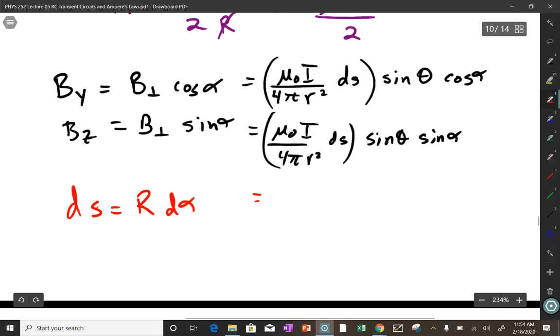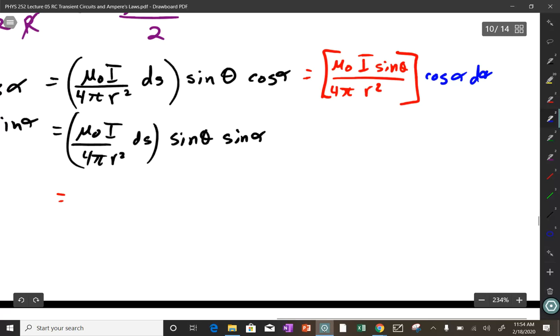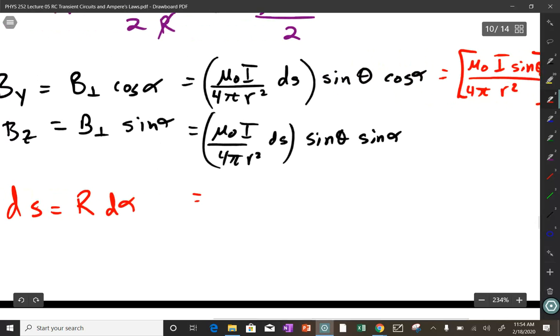So we have, I'm just going to put all of this stuff in brackets. That times, oh, I forgot the R. That capital R is this capital R here.